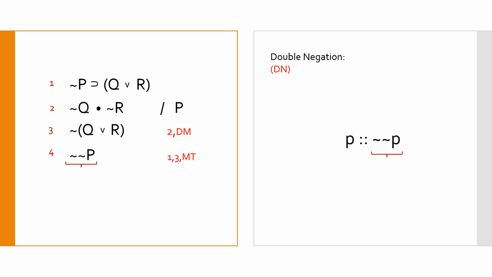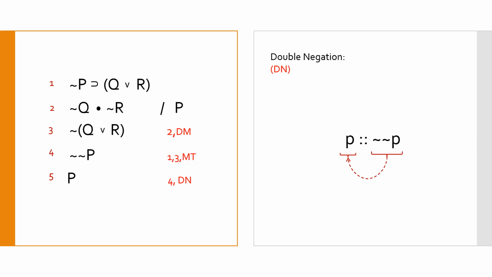Now, of course, the conclusion we are aiming at is simply the claim that P is true. And what we have in number 4 is, it is not the case that not P is true. And following the rule of double negation, we can get to our final goal. Because what double negation tells us is if I ever have 2 tildes stacked like this, this is logically identical to simply erasing them.